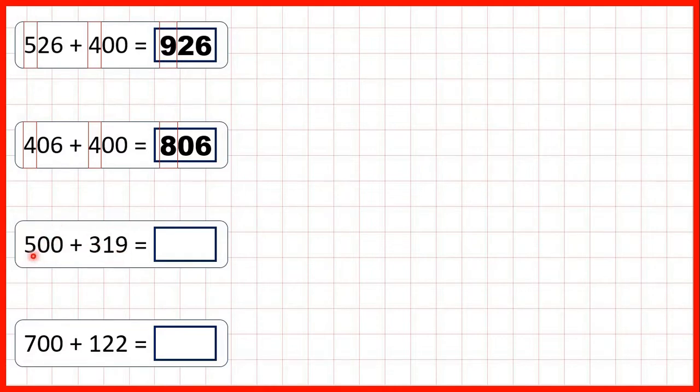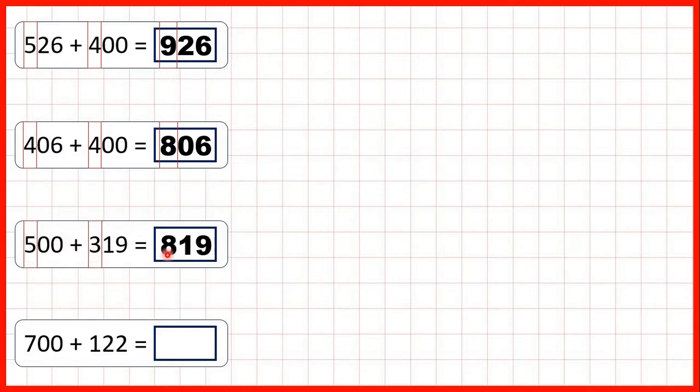Now this time the multiple of 100 is written first. But remember, with addition, order doesn't matter, so we can do the same thing. We can highlight our hundreds digits and we can see that we have 5 plus 3.